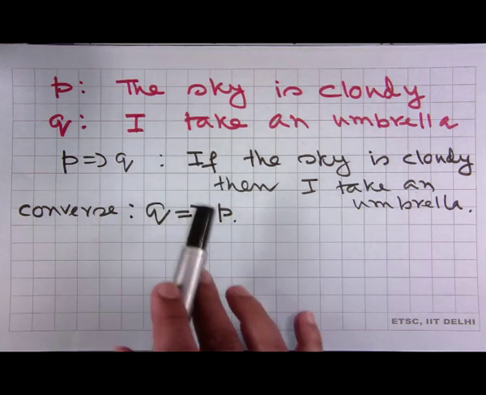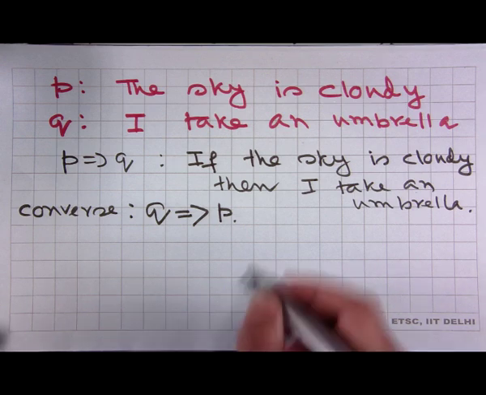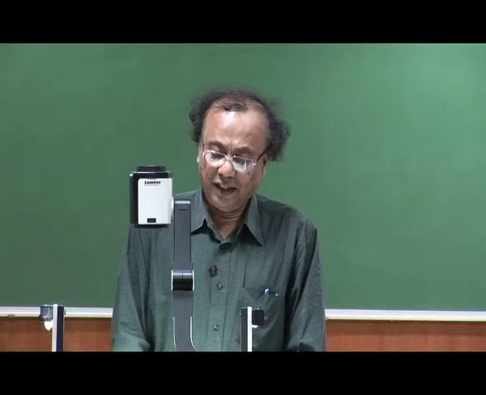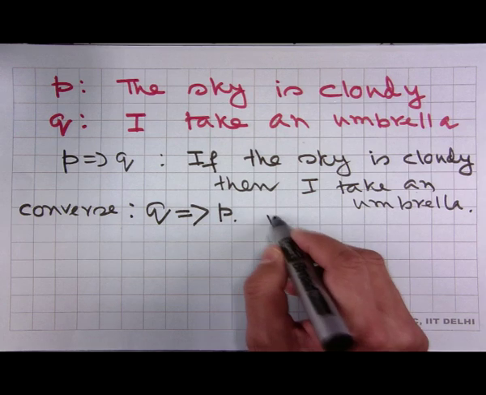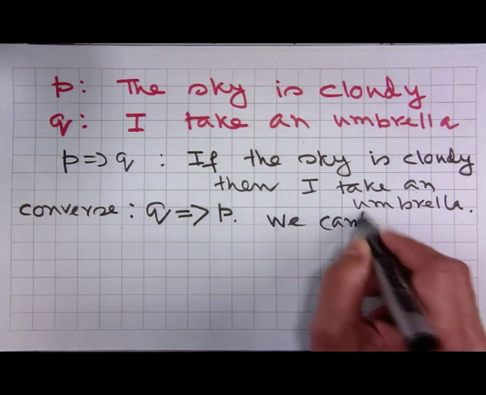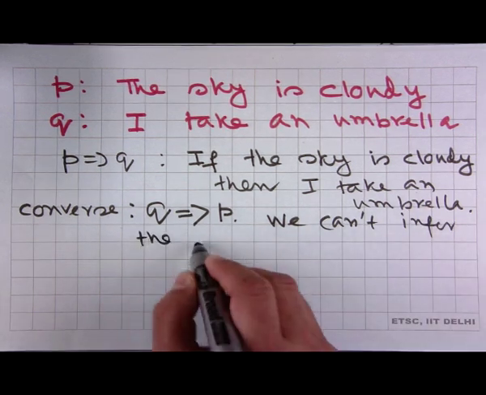So, the given statement is if the sky is cloudy, then I take an umbrella. Its converse is that if I take an umbrella, that implies the sky is cloudy. Is it always true? Can we infer that if I am taking an umbrella, that means it is cloudy? We can't infer the sky is cloudy. Why?